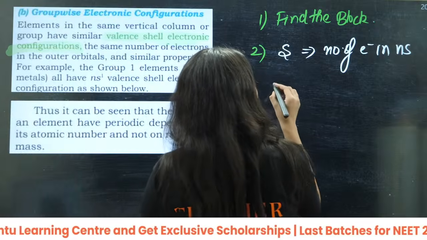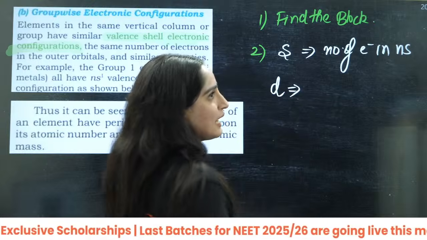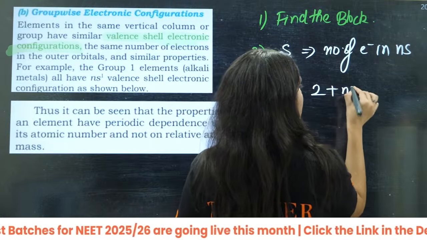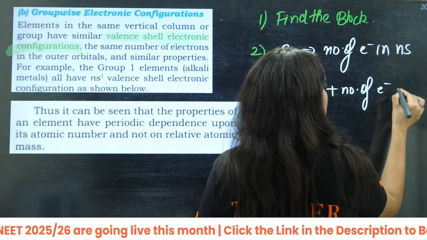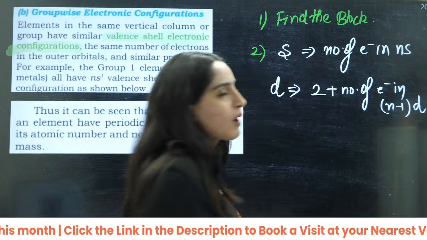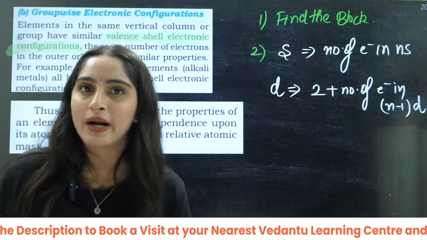Second, if it belongs to the d block, then it will be 2 plus the number of electrons in the (n minus 1)d subshell.